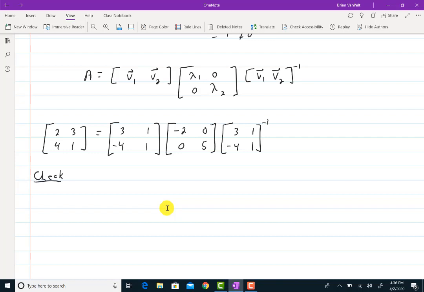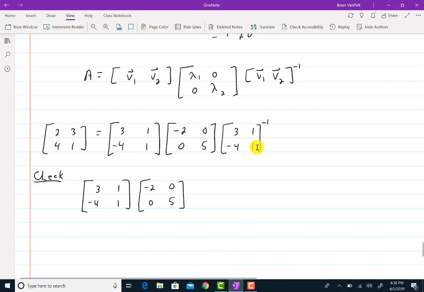I don't assume you'll do this, although, to be honest, when I do these checkings, if I don't do them by hand, I plug them into my calculator and let it do them. Your calculator can do these multiplications as well, too. So you should be able to check yourself on these if you have enough time to do so. Let me go ahead and multiply it all out. Let me first get the inverse of this matrix up here.